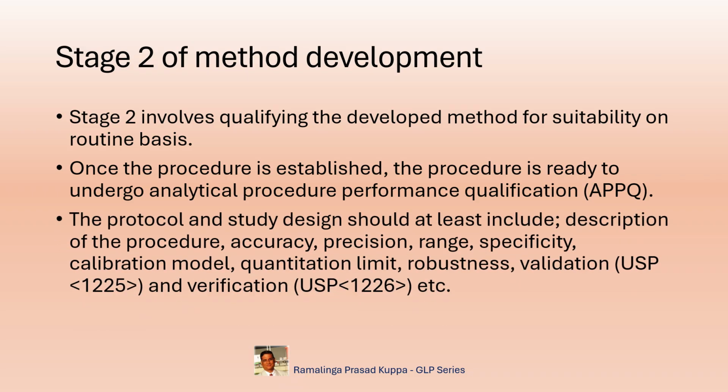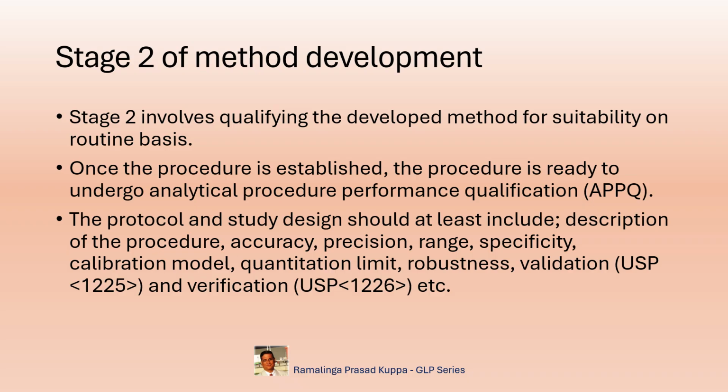The protocol and study design should at least include description of the procedure, the parameters like accuracy, precision, range, specificity, calibration model, quantitation limit, robustness, etc. The validation should be done as per USP 1225 and verification as per USP 1226, etc. USP chapter 1225 prescribes detailed methodology for validation with these parameters.